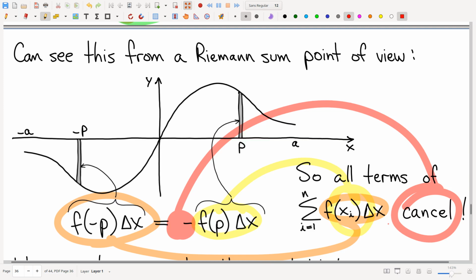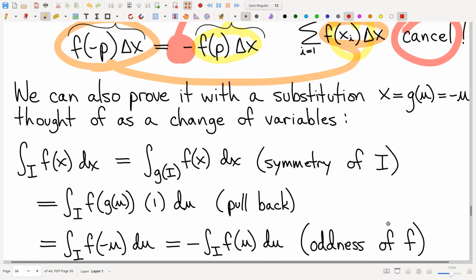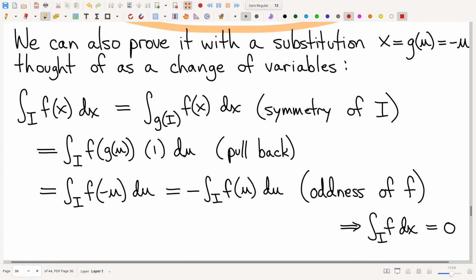This is, again, kind of morally why this works. You can also take a point of view that's algebraic. By the way, this is why I have this discussion in the section on change of variables. It's because the way that you would show this algebraically, or sort of more formally, is by using a substitution, which, again, is basically a change of variables.